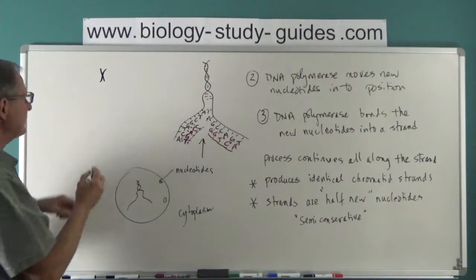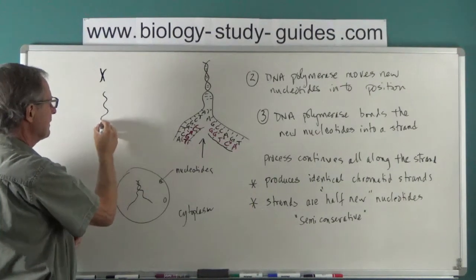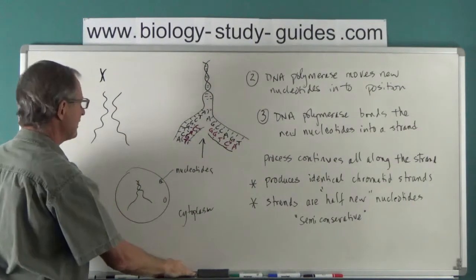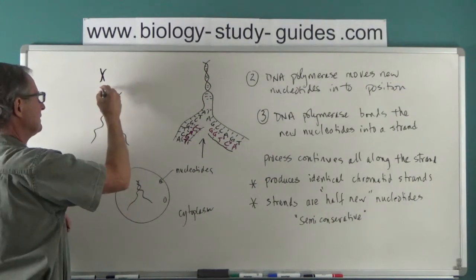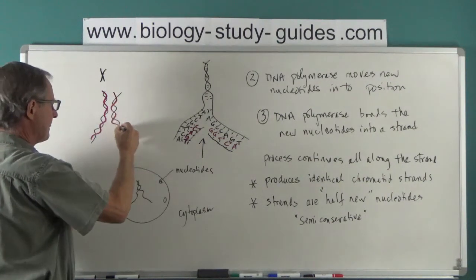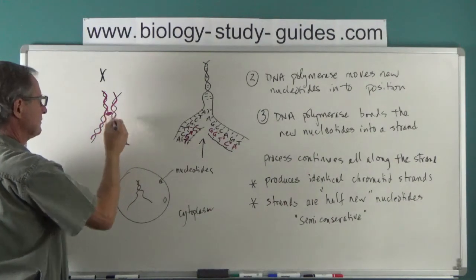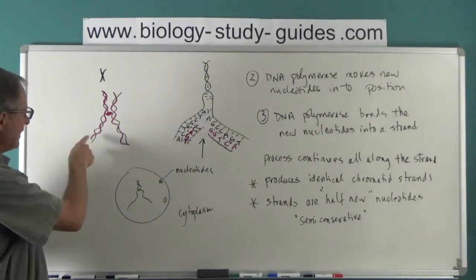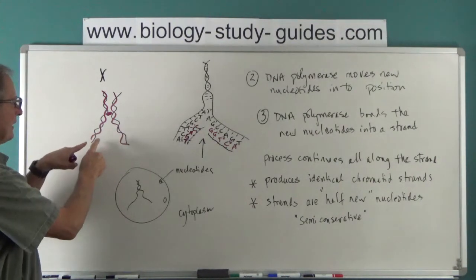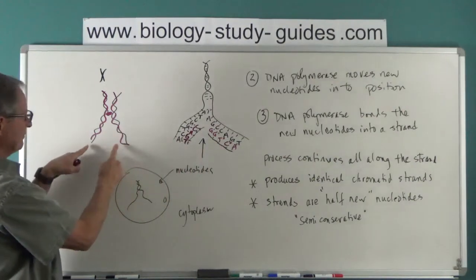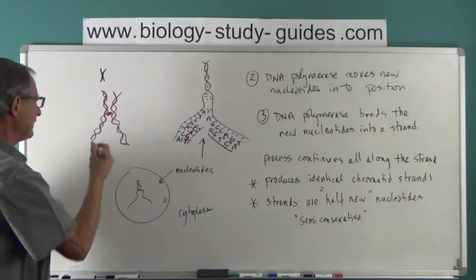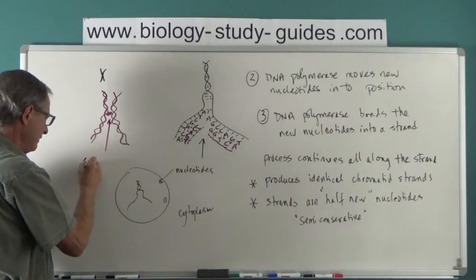What this is, quite simply, is a duplicated chromosome where each strand, that's these two strands, is half new, half old. It's still one chromosome. They're held together by a little piece of DNA called a centromere.